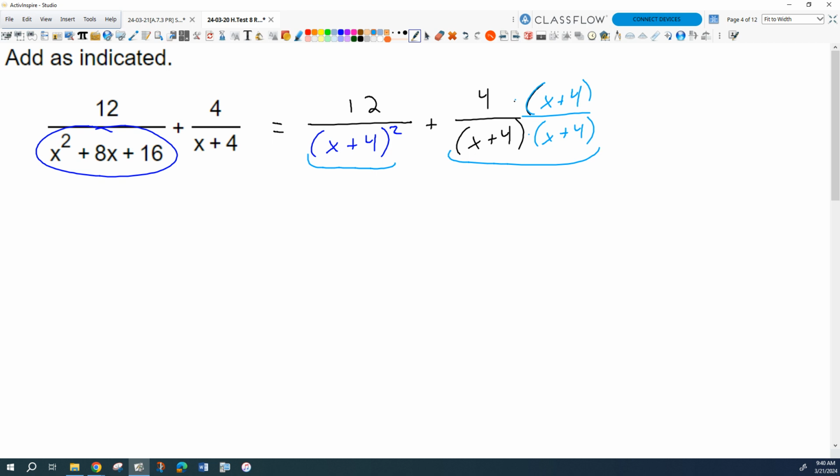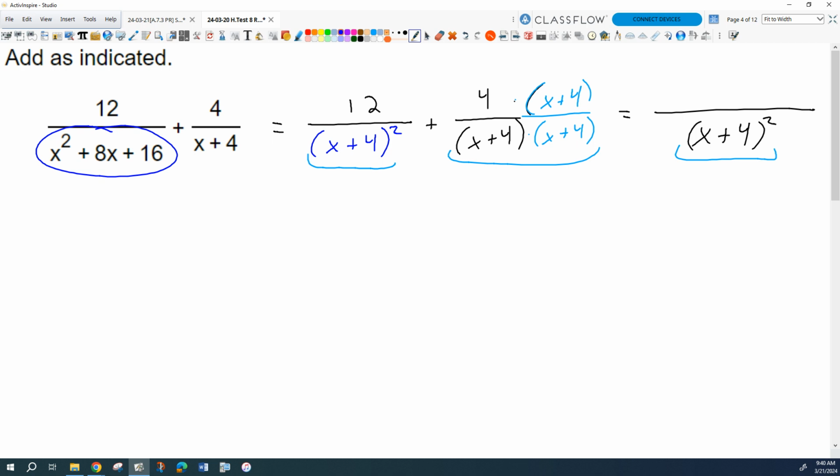X plus 4 squared. Okay, so I can write this as one big fraction with my common denominator, x plus 4 squared. What about the top? What's that going to give me on the top when I'm adding fractions? 16 times x plus 4, right?